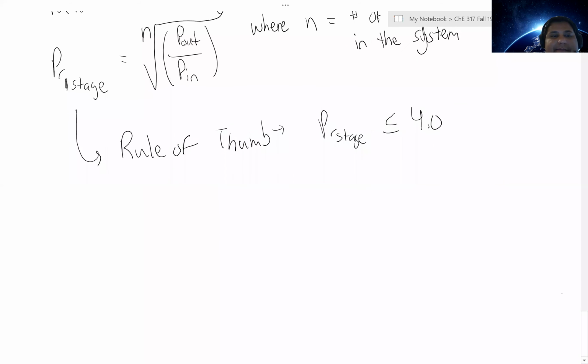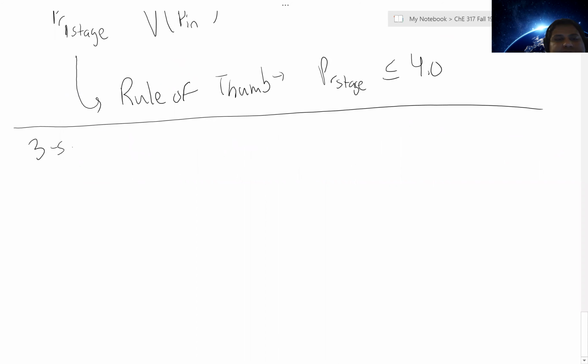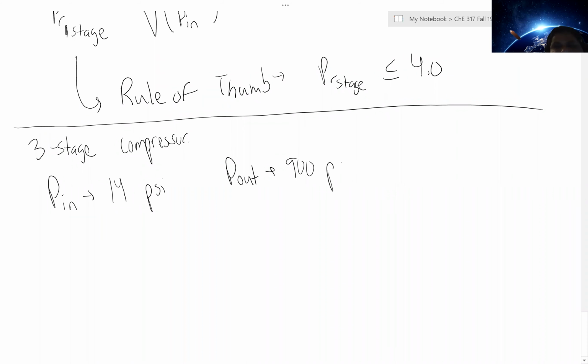So let's take a look at this example. We have a 3-stage compression system where the inlet pressure is 14 psi, the outlet pressure is to be 900 psi, and the inlet temperature is 80 degrees Fahrenheit, which is 540 degrees Rankine.